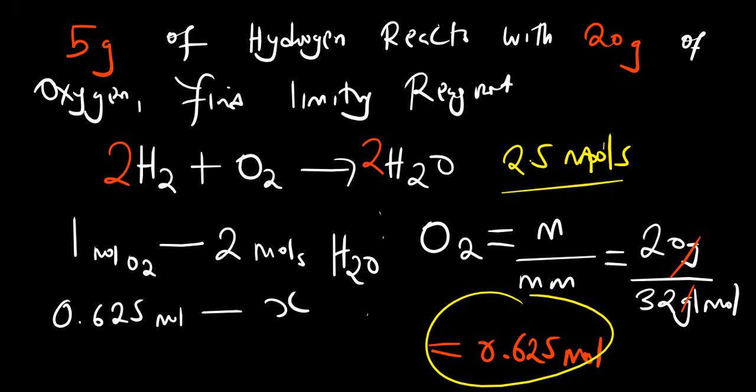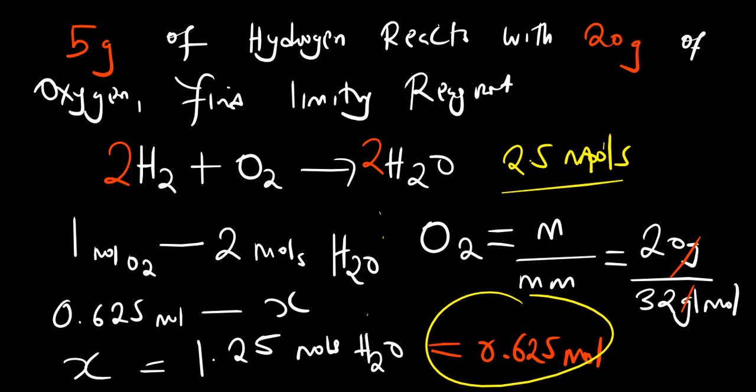Therefore we're going to cross multiply. This x will be equal to 2 multiplied by 0.625, giving me 1.25. These will be the moles of water that is going to be produced because of oxygen having a coefficient of 1.